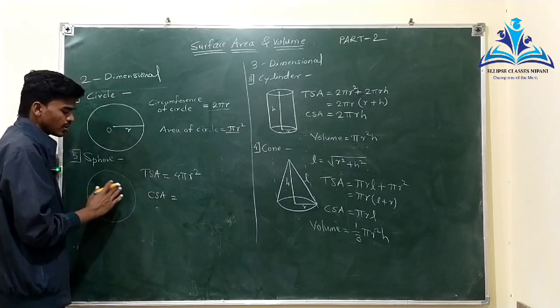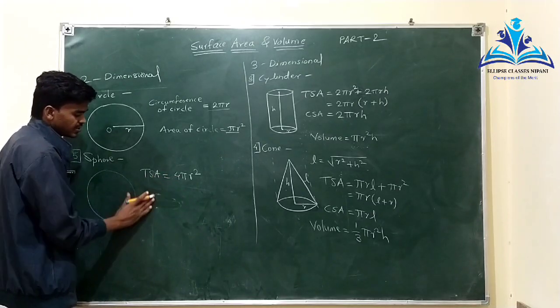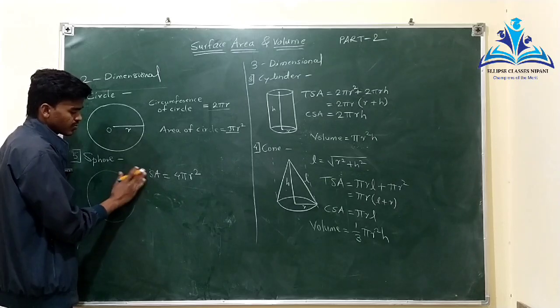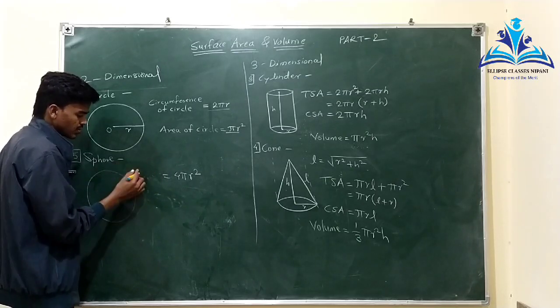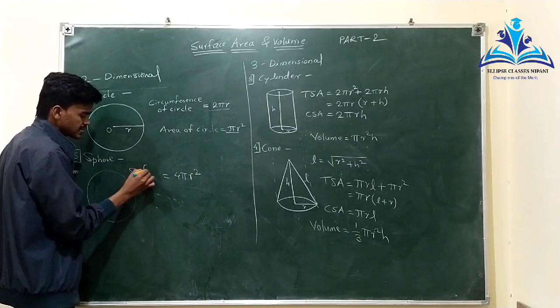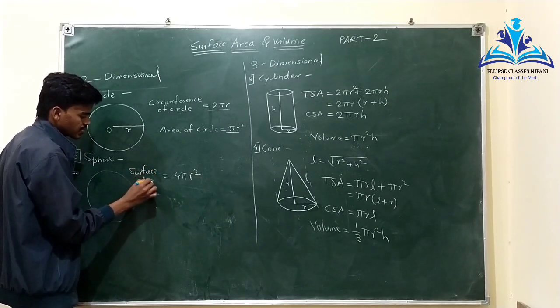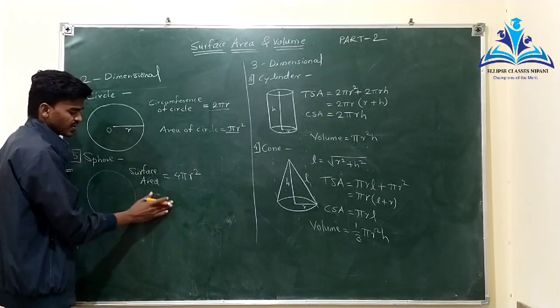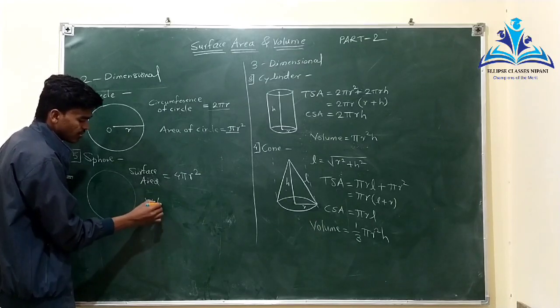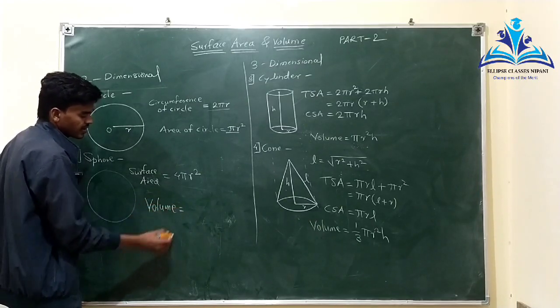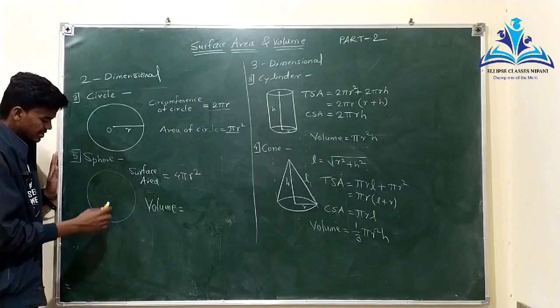Here there is no separate curve, so we can take the total and curved surface area as the same thing. That means we write the surface area of the sphere as 4 pi r square. And the only thing left is to calculate the volume of the sphere.